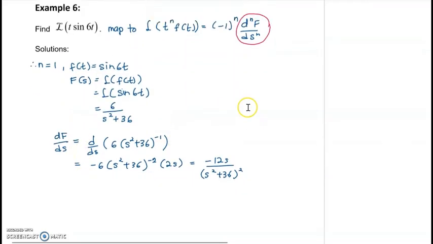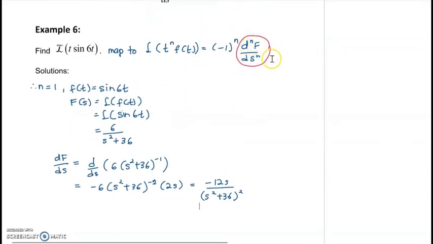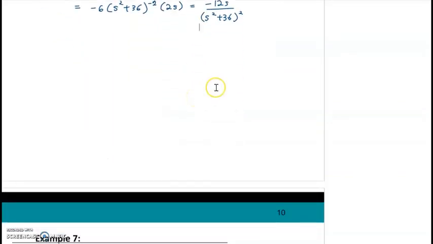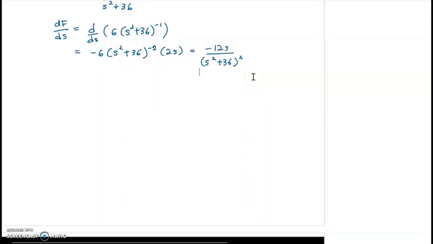But our answer is supposed to be dF/ds times negative 1 power of n, which is negative 1 because our n is 1.